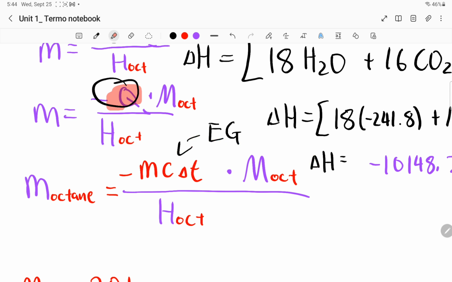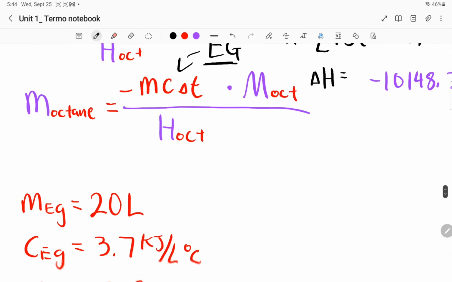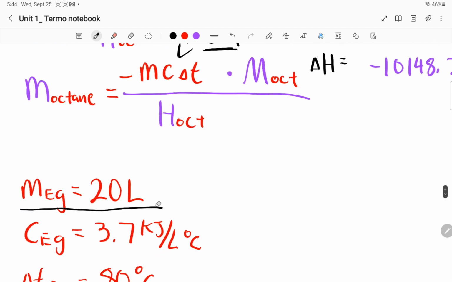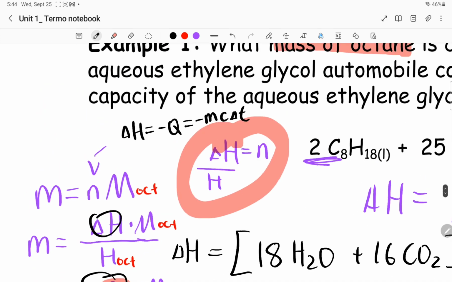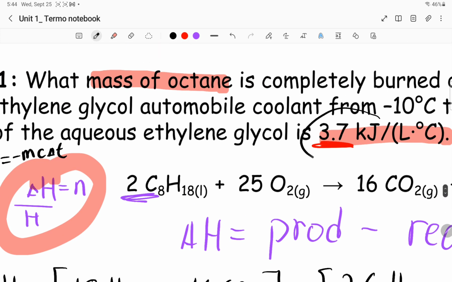First of all, the mass of EG, ethylene glycol, we know from the question: 20 liters. The c of ethylene glycol is given in the question: 3.7 kilojoules per liter Celsius.